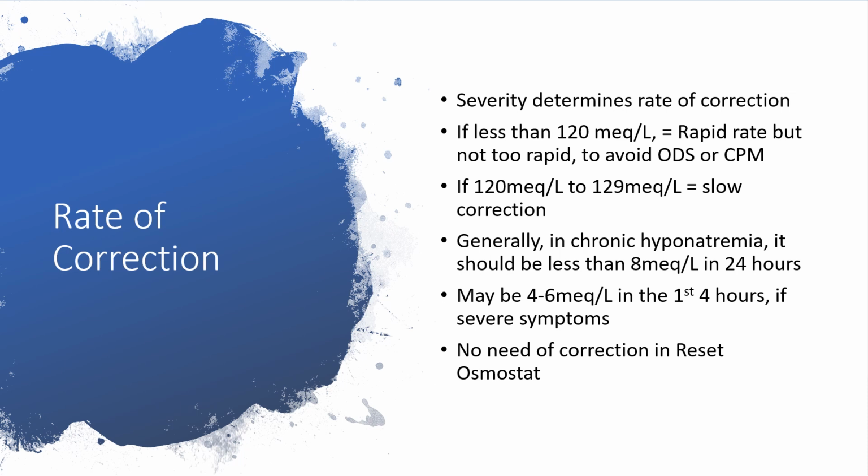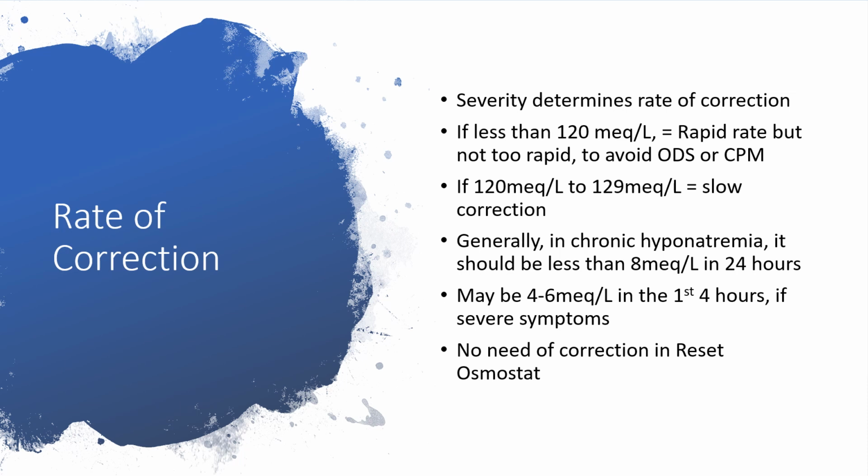If the hyponatremia is less than 120 milliequivalent per liter, a rapid rate, but not too rapid, will be good, to avoid central pontine myelinolysis. If you are dealing with a level of 120 to 129 milliequivalent per liter, then do your correction very slowly.